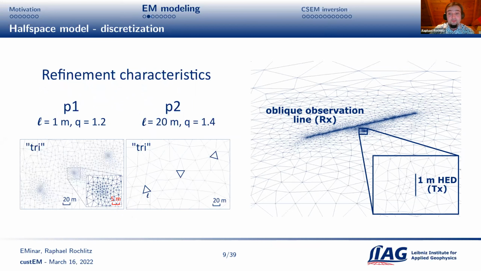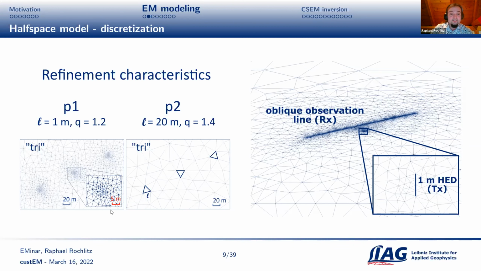What I want to emphasize with this simple model is that in finite element analysis we have different orders of polynomial basis functions. The higher the polynomial order, the more accurate the approximation of our Maxwell's equations in the end. If we only use linear basis functions, we need very fine meshes with a very fine receiver refinement.